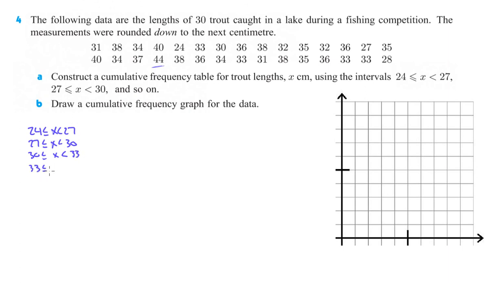We'll do this all the way up until we get to at least 44. 36 less than or equal to x, less than 39. 39 less than or equal to x, less than 42, and then 42 less than or equal to x, less than 45. That should cover everything that we need.